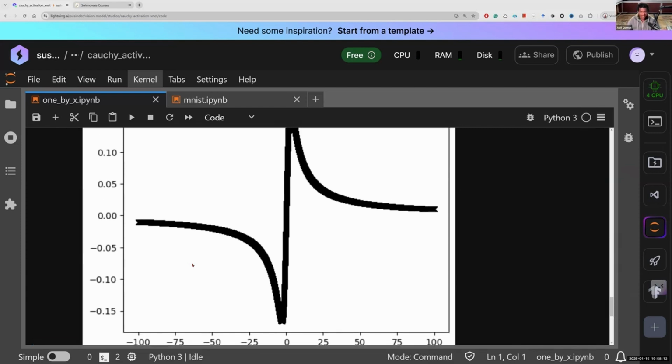And now you see, you get the first term, which looks like this.